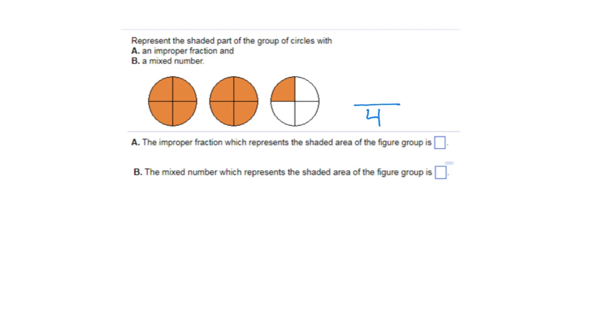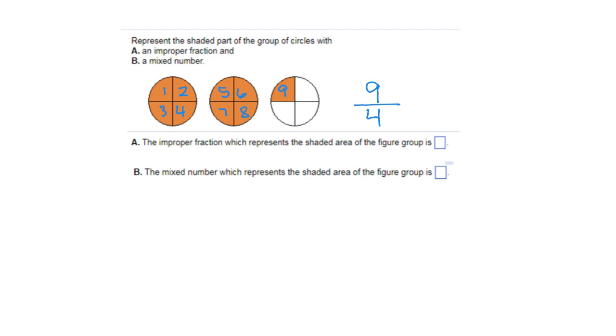Next, we're going to count the shaded region. So 1, 2, 3, 4, 5, 6, 7, 8, 9 shaded regions. So 9 shaded is your numerator over 4 equal parts for each of the circles.